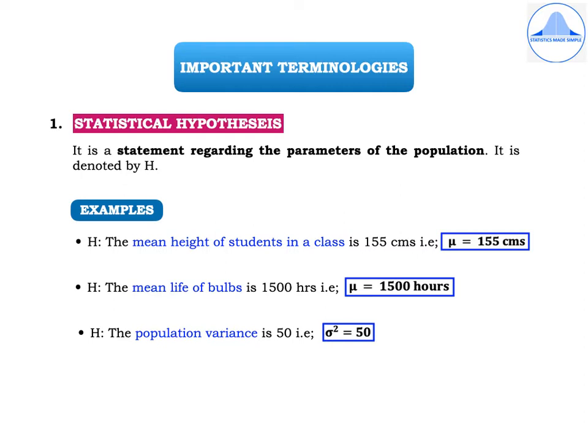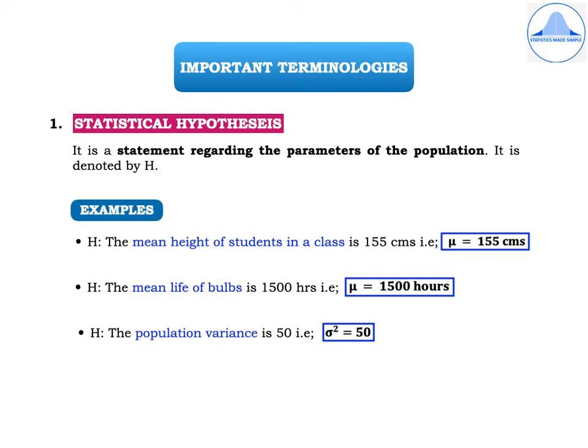Now, observe the sentence very carefully. It is a statement regarding the parameters of the population. So, what are parameters? They are statistical constants of the population. For example, mu, which is the population mean, sigma square is the population variance, and sigma is the population standard deviation.